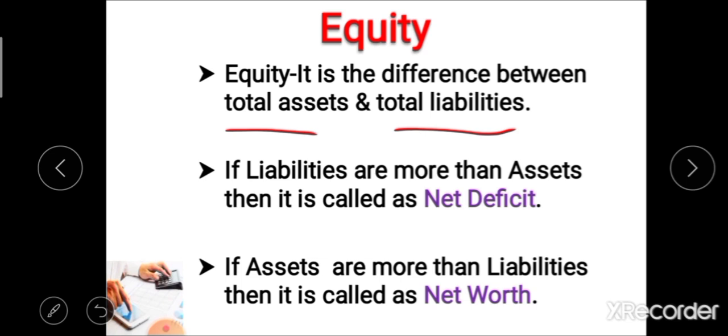If assets are more than liability, that means the difference is positive, and it is called net worth. So these are the three different components of a balance sheet.